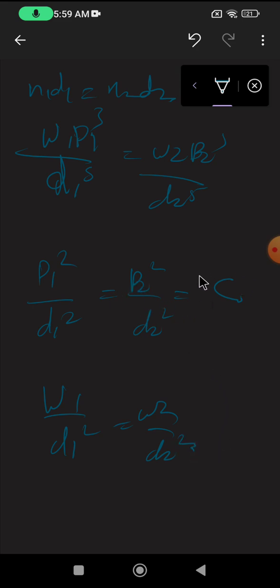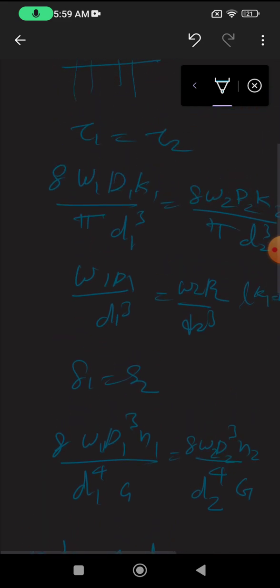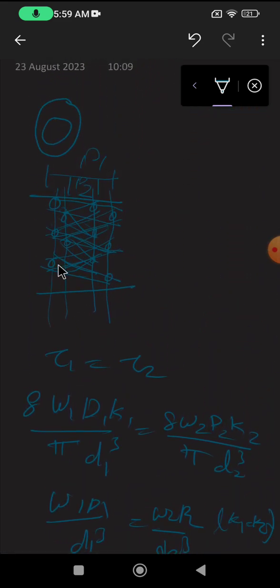So W1 upon W2 is equal to d1 upon d2 whole square. Now we can find the radial clearance between the two springs, that is C. This clearance, the distance between the two springs, is called the radial clearance. So the radial clearance between the two springs is C is equal to D1 upon 2, that is the radius, minus D2 upon 2, that is the radius.